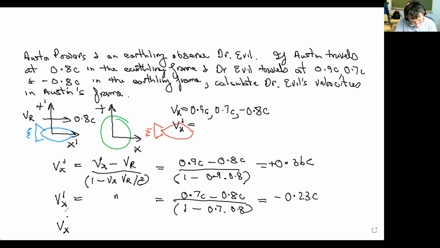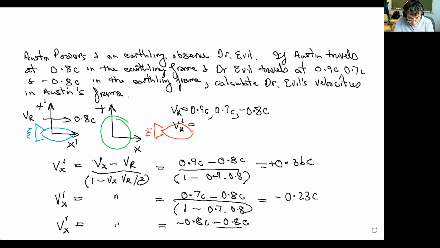Finally, we can do the same calculation again for the final velocity that Dr. Evil is traveling at. This time he's reversed direction and he's traveling at 0.8 times the speed of light towards the left. So we're going to plug in this new speed. And so the numerator becomes minus 0.8c minus another 0.8c.